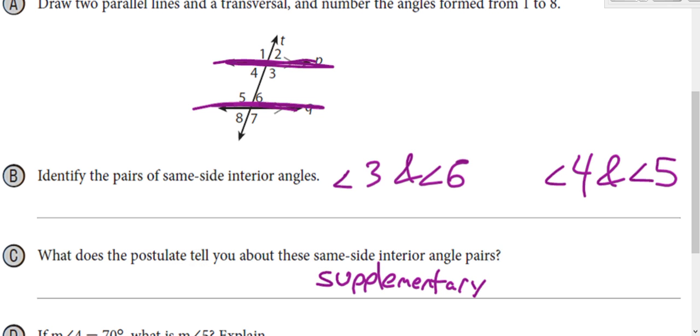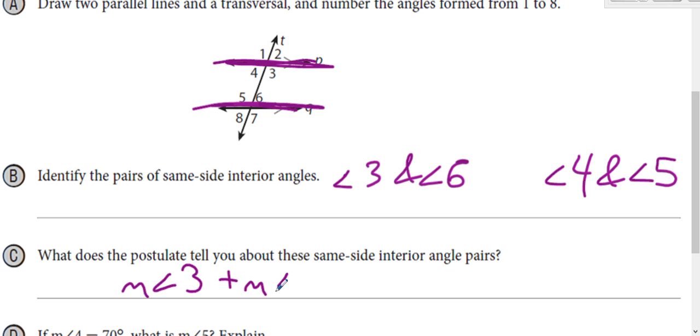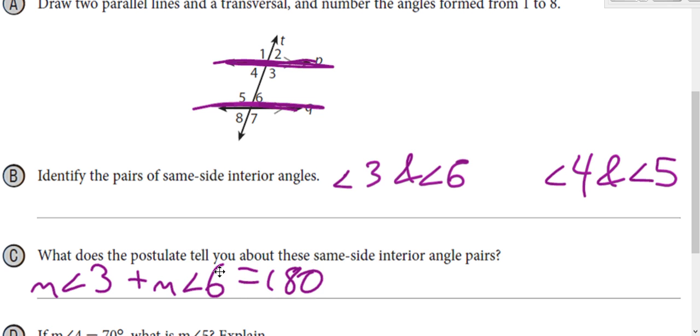Or you could write that they add to 180. So you can make an equation of that. The measure of angle 3 plus the measure of angle 6 equals 180. And we can also say the measure of angle 4 plus the measure of angle 5 equals 180.